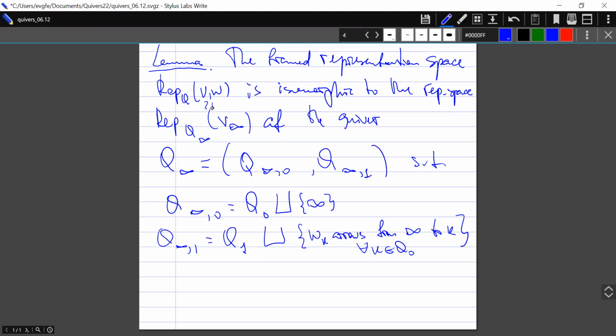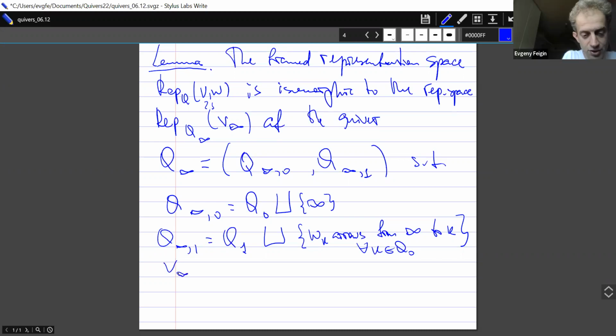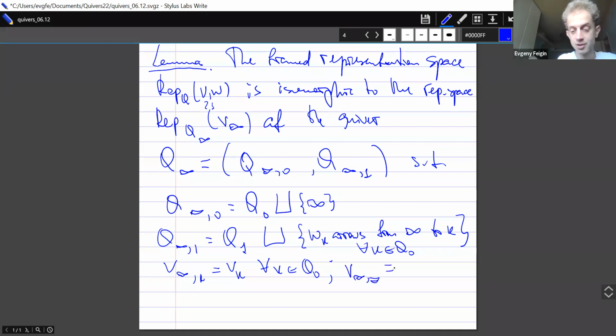Same at the vertices of Q0. Indeed, V∞K should be equal to VK for any K in Q0. And what about V∞ at infinity? The sum of the WK, I suppose.